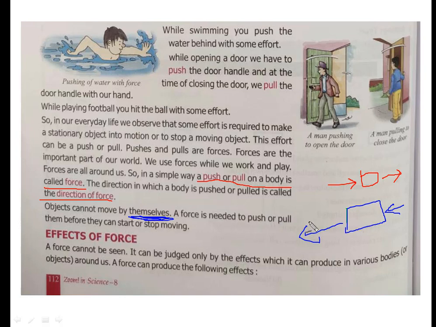So if there is a stationary object and you want to move it, or if there is a moving object and you want to stop it, a force has to be applied. Without the application of force, you cannot stop a moving object, or you cannot move a stationary object. So that is the meaning of this. So far we have understood what a force is. Force is nothing but a push or pull. So to move a stationary object, you need to either push it or pull it.